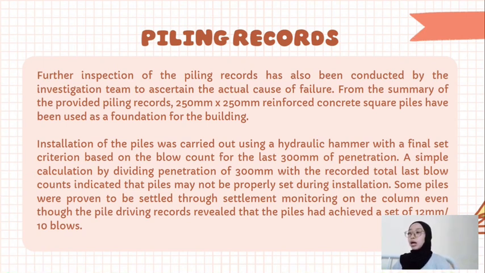Some piles were proven to have settled through the settlement monitoring on the column, even though the pile driving record revealed that the piles had achieved a set of 12 meters per 10 blows.